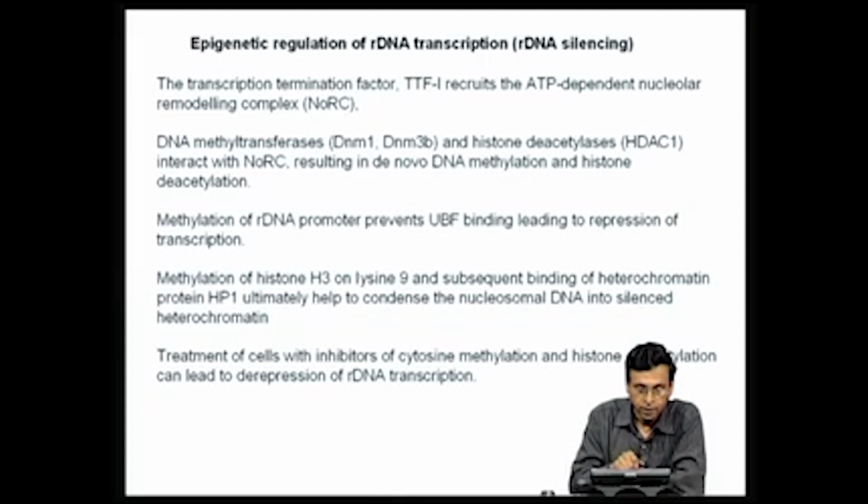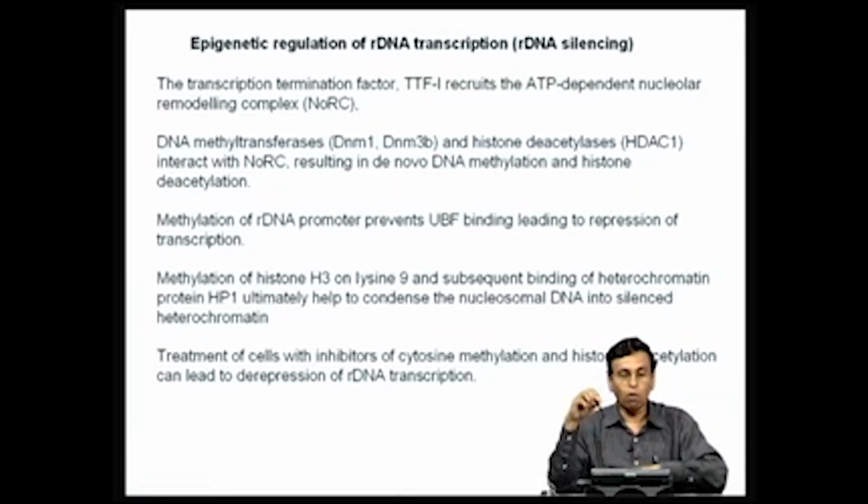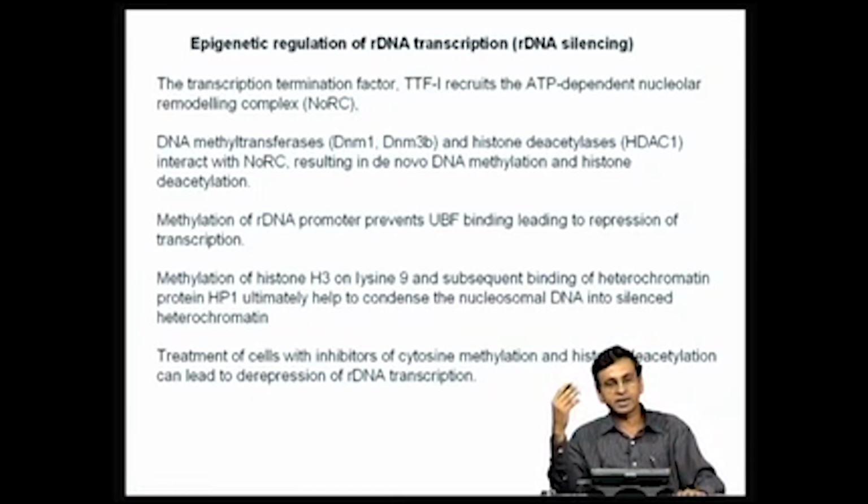For example, the transcription termination factor TTF1 recruits an ATP dependent nuclear remodeling complex called NoRC, and DNA methyl transferases called DNMT1 and DNMT3B, as well as histone deacetylase HDAC1, interact with this complex, and as a result it leads to DNA methylation as well as histone deacetylation. So, what is the mechanism by which RNA transcription is regulated epigenetically?